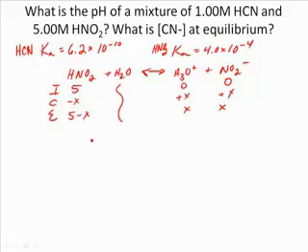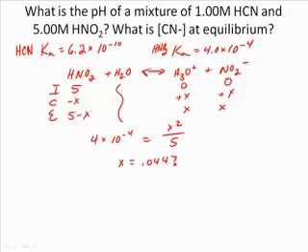So here I have 4 times 10 to the minus 4 equal to x squared over 5, and x is 0.0447.